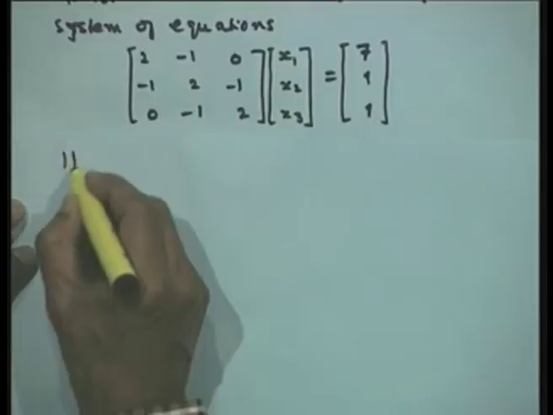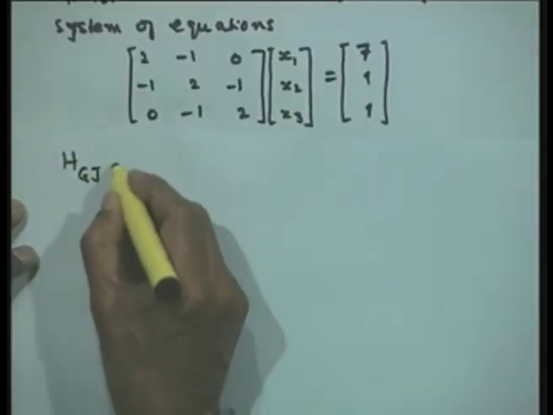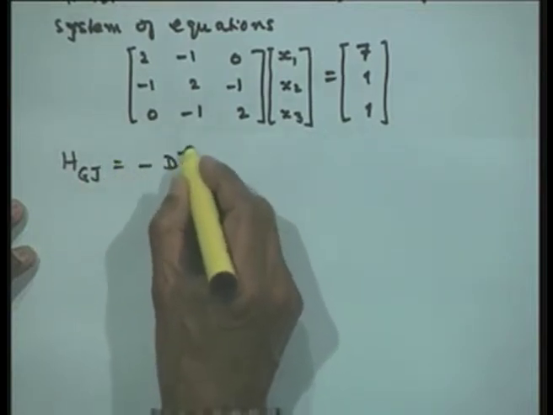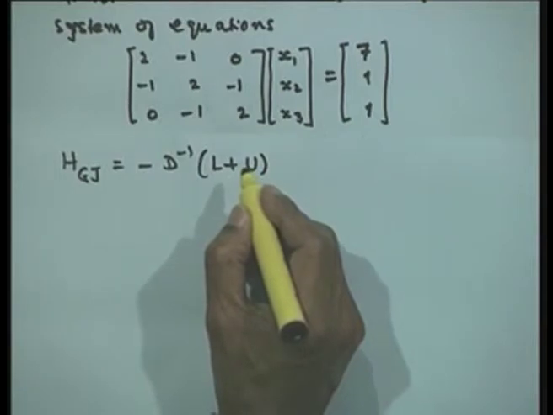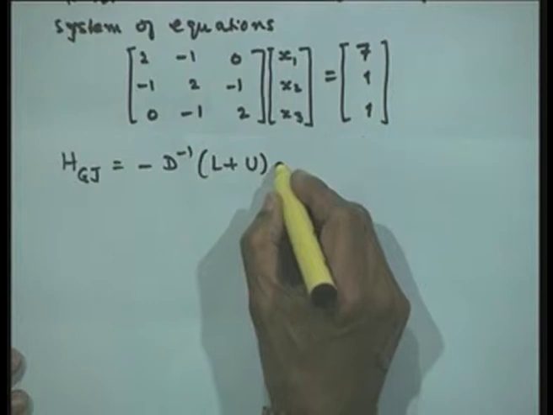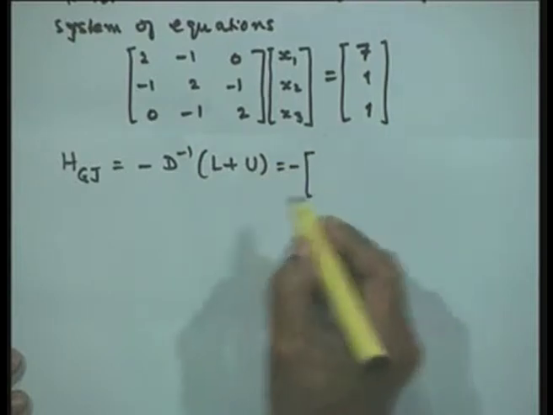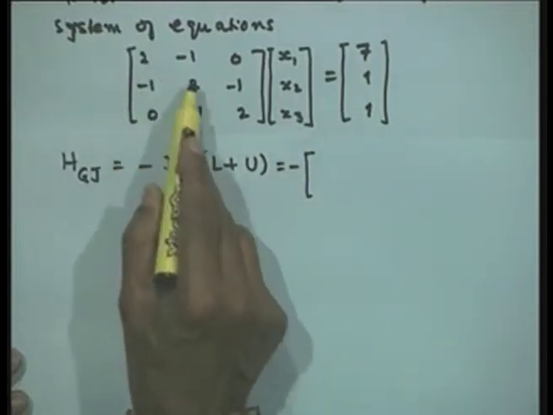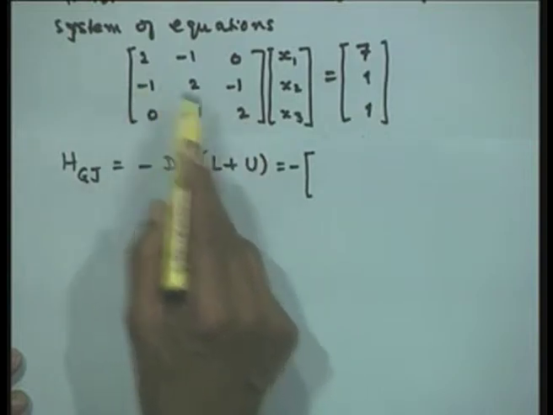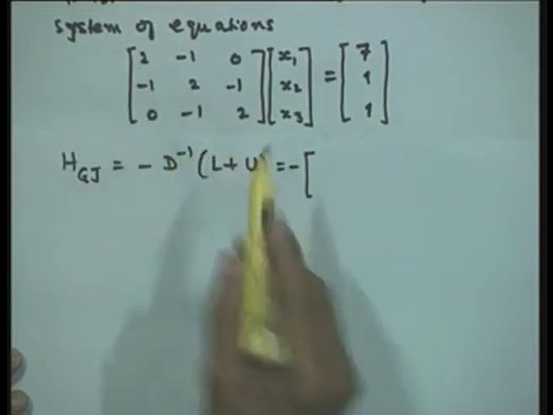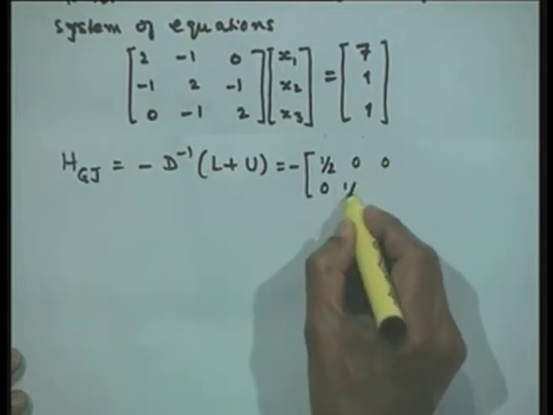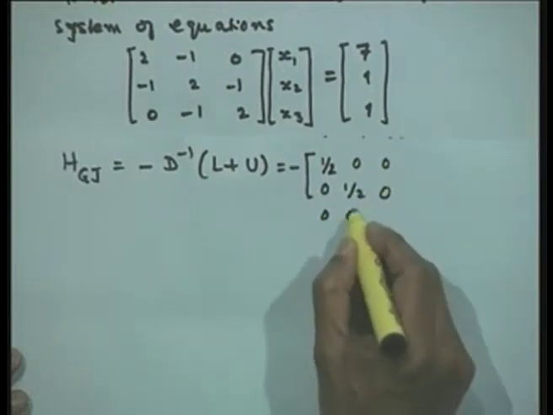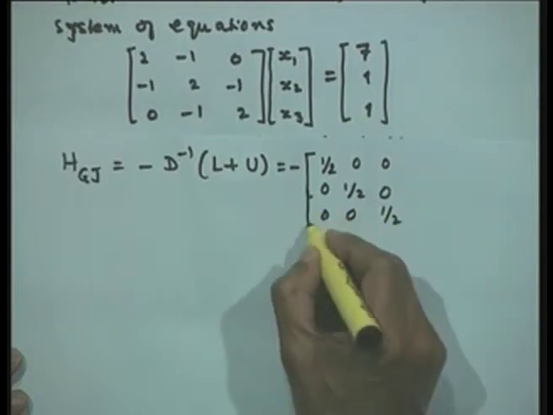For the Gauss-Jacobi scheme, we have minus D inverse of L plus U. Now, the diagonal matrix is 2 2 2, therefore, I can invert it immediately as 1 by 2, 1 by 2, 1 by 2. So, I will have here 1 by 2 0 0, 0 1 by 2 0, 0 0 1 by 2.